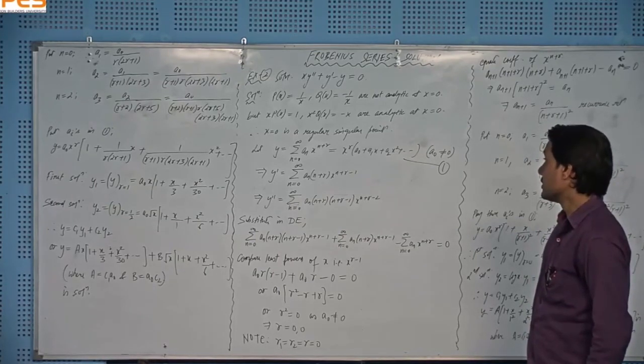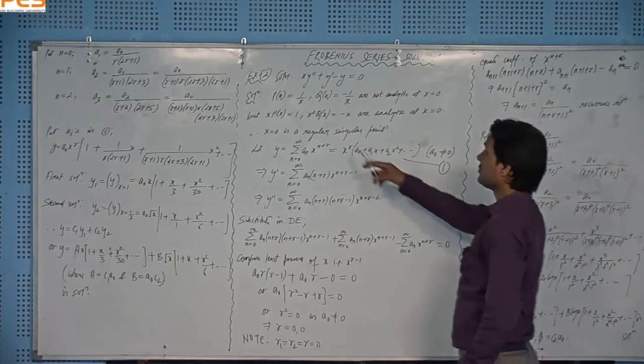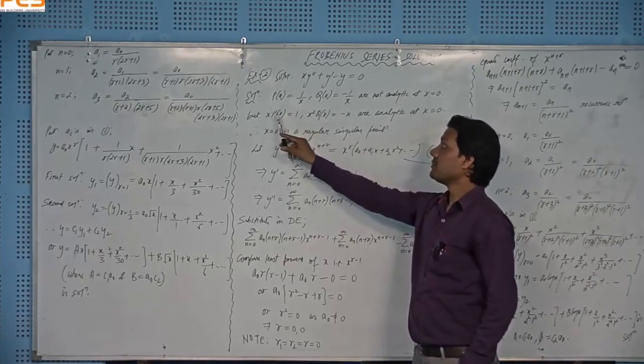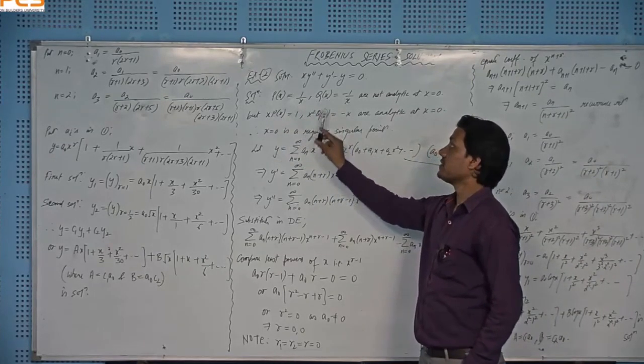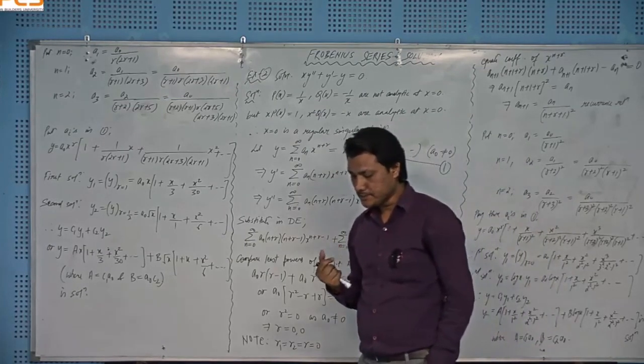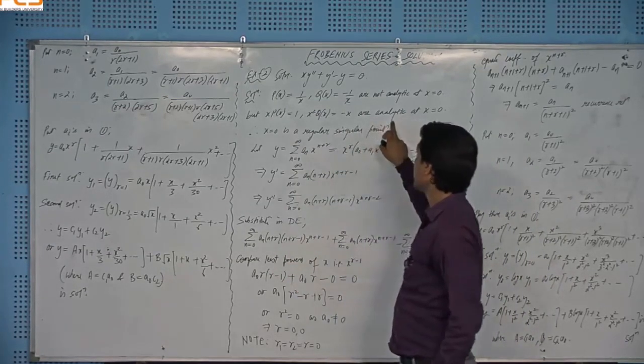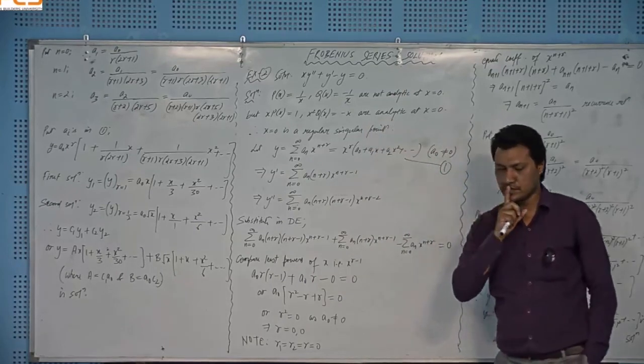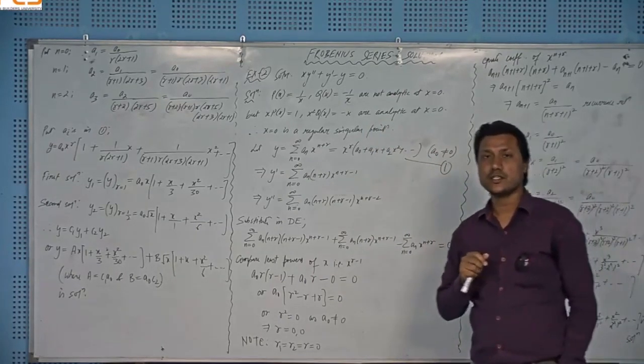And one more thing: what happens when we multiply p(x) by x, and q(x) by x squared? Why do they become analytic? It indicates that they are what I wrote as weakly singular, right?